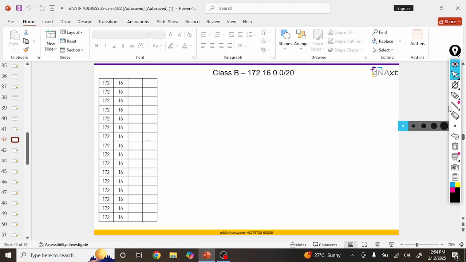We will start with 172.16.0.0, increment of 16 in the third octet. So 16.0, then 32.0, 48.0, then 64.0, 80.0, 96, increment of 16, and the last octet is purely the host octet, so it will be 0 while writing all the network IDs.